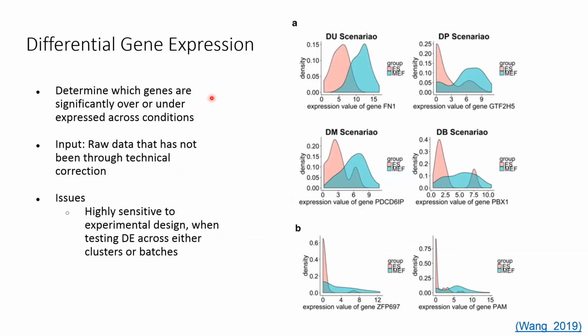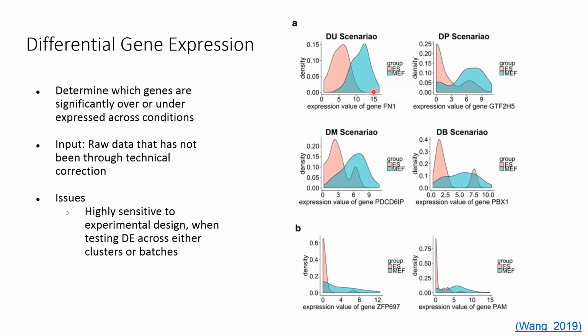Okay, so first let's talk about differential gene expression analysis. The goal of differential gene expression is to simply identify which genes are significantly over or under expressed across different groups or conditions. And to do this, we can use simple statistical approaches to test whether the mean of this gene is different between two test groups.